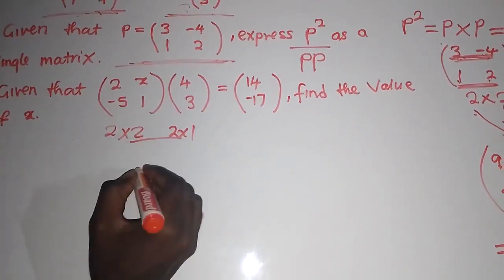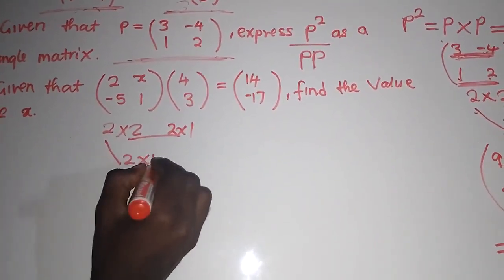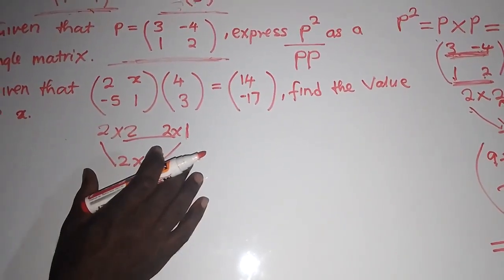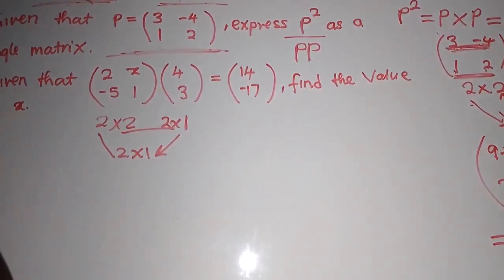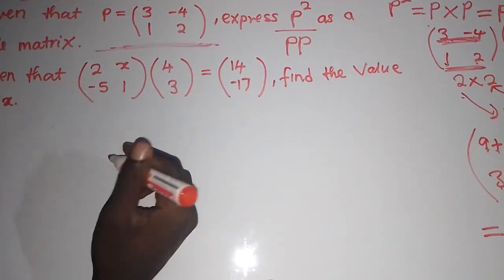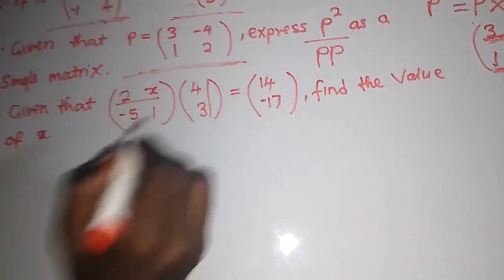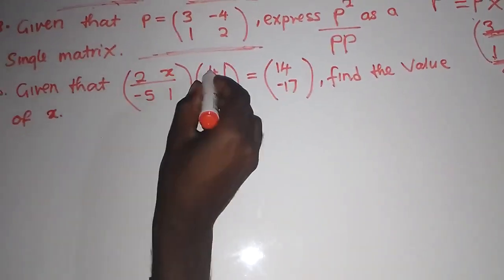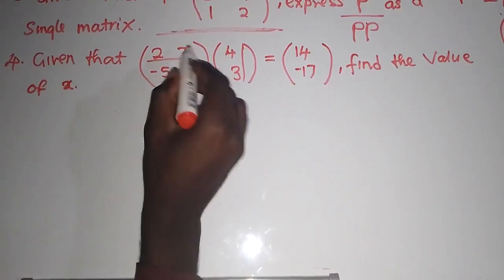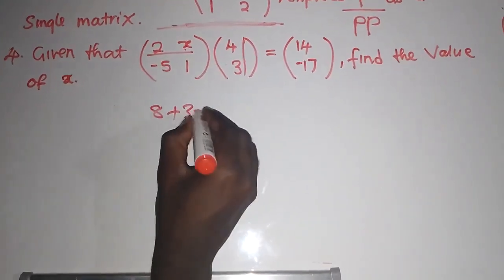So these two are the same. The answer will be a 2 by 1. So let's now multiply row against column. So 2 times 4, 8, plus x times 3, 3x.